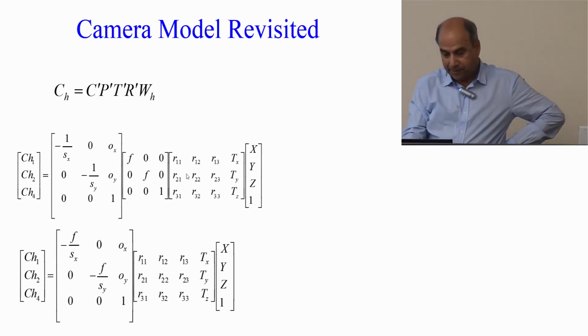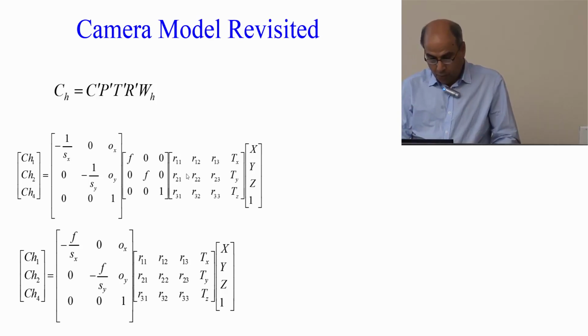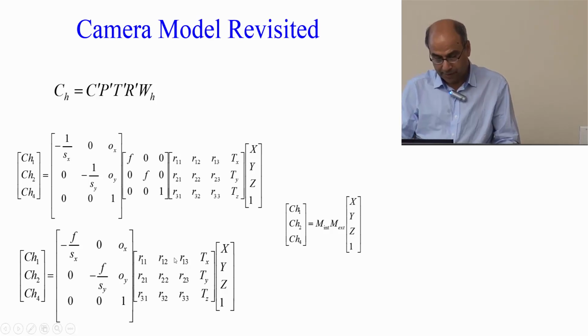So we can take these matrices and multiply them together. First, a simple thing is that we can multiply these two matrices, which is very easy, and you get this, and then you have this. Now this is the extrinsic matrix, which is capturing the location and orientation.